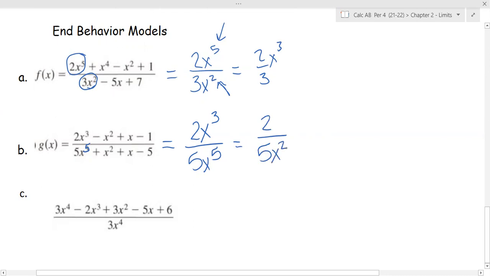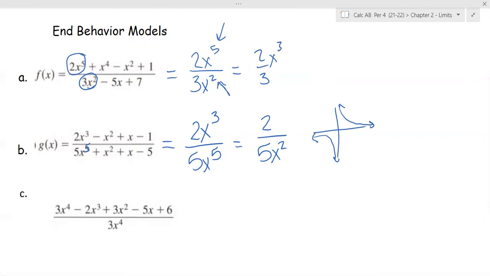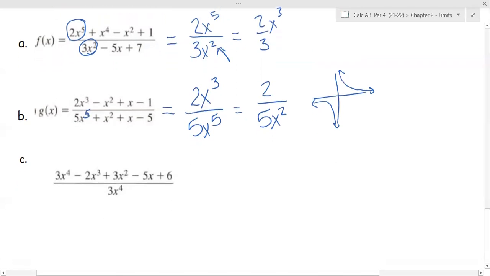Which means I have some function that has an asymptote at 0, right? So it's some variation of a function with a 1 over x. So then the last one is when they're the same. So 3x to the 4th, and it doesn't have to be 3. Let me make this a 6x to the 4th, just so you don't get the wrong idea.